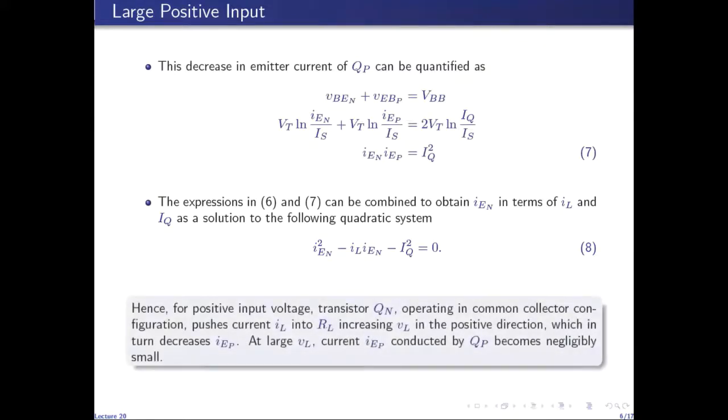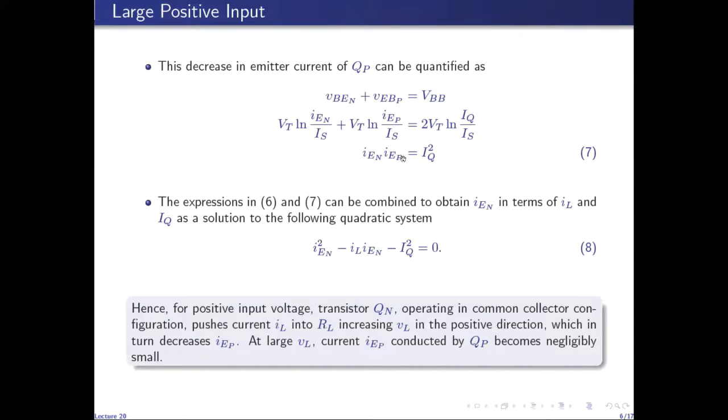So to conclude, we observe that for positive input voltage, transistor Qn, which is operating in the common collector configuration, pushes current IL through the load RL, which increases the load voltage VL in the positive direction. And this increase in the conduction of Qn, according to this equation, reduces IEP.